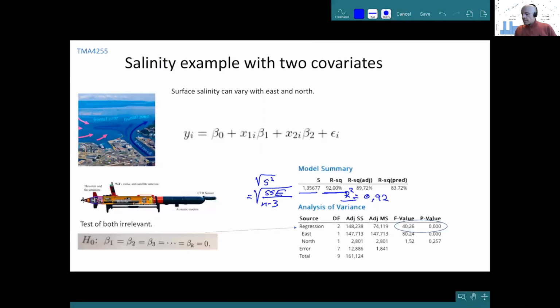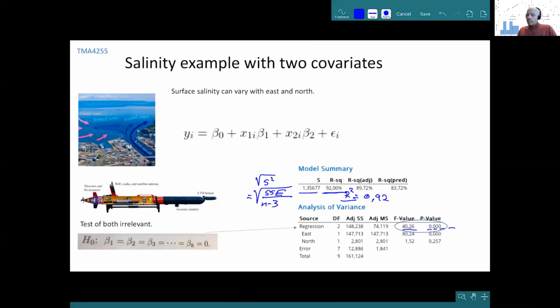To test the hypothesis, we use this Fisher value, which has 2 degrees of freedom and N minus 3. So that would be 2 and 7, since N was 10. And we observe this Fisher value has a really small p-value, and this tells us that the regression model has an effect.